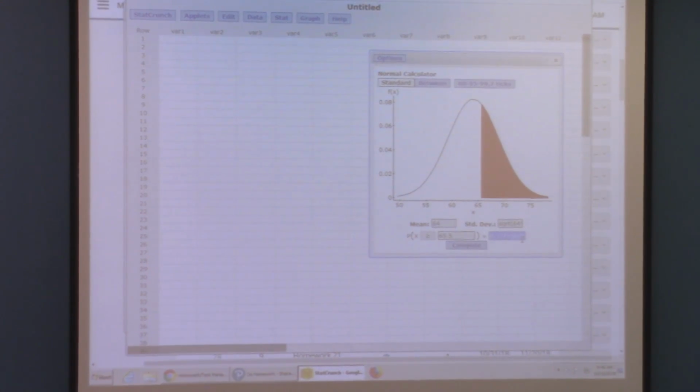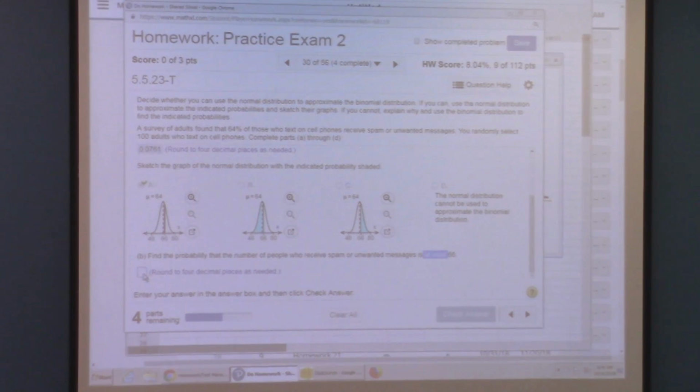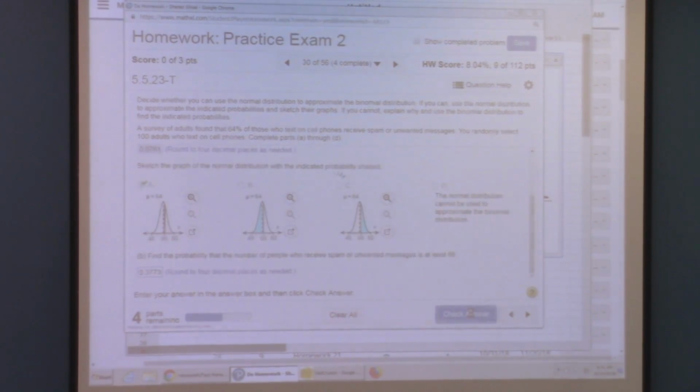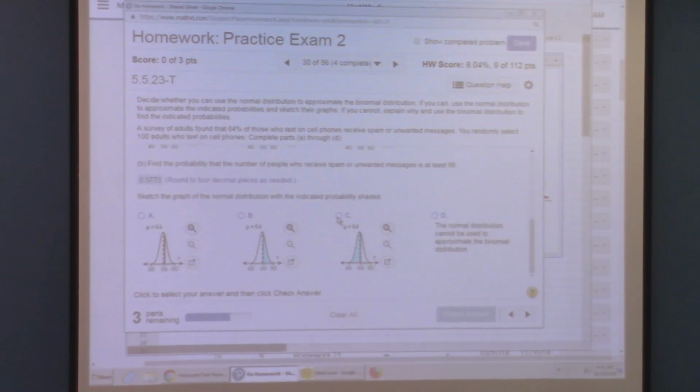Yeah, okay, so that's the answer. Round to 4 decimal places. So that is this picture here, 65.5 and more.